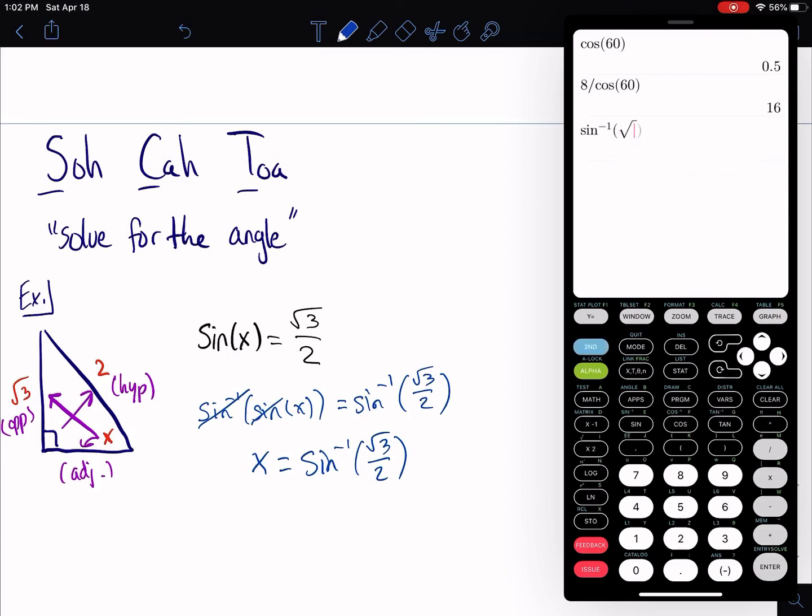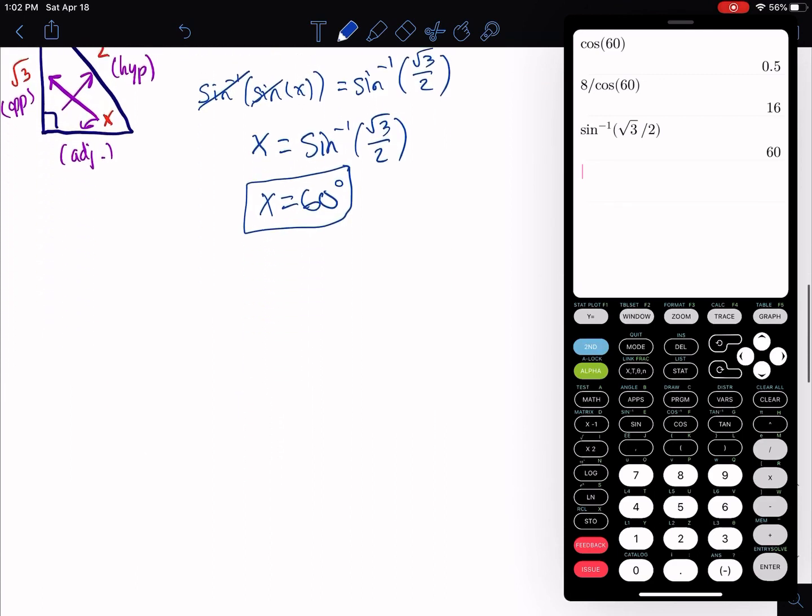So for us, that's radical 3 divided by 2. Okay, we're going to hit enter, and we're going to get 60. So x is equal to 60, and because we're in degree mode, that's going to be 60 degrees, and that is our missing answer.